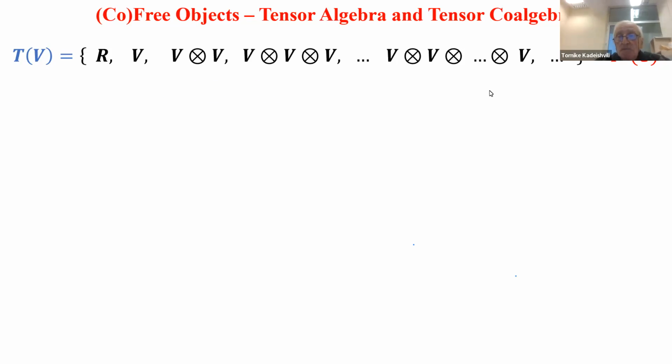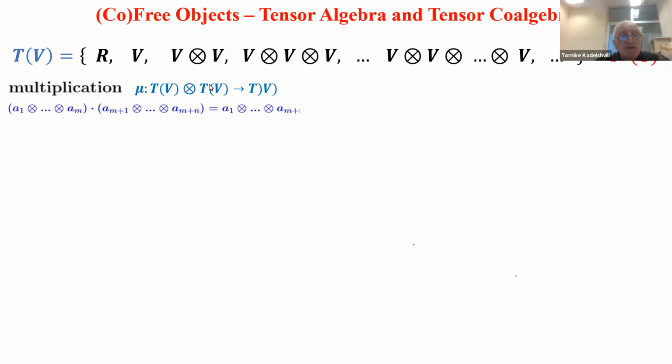Now, multiplication, why is it an algebra? Let us take one element, a word consisting of A1, A2, ..., AM, and another word, AM plus 1, ..., AM plus N, and their product is just putting them together, a long word of length M plus N. Such a very natural multiplication.